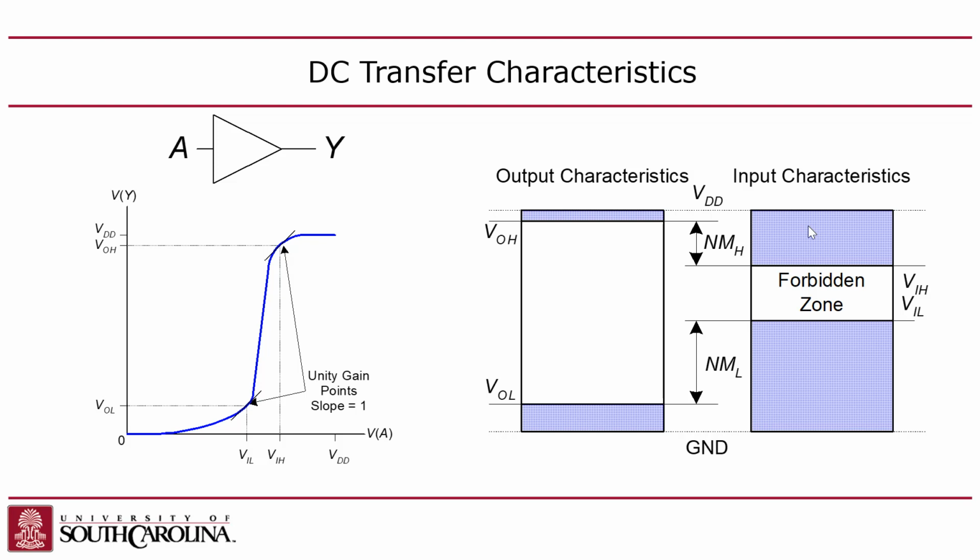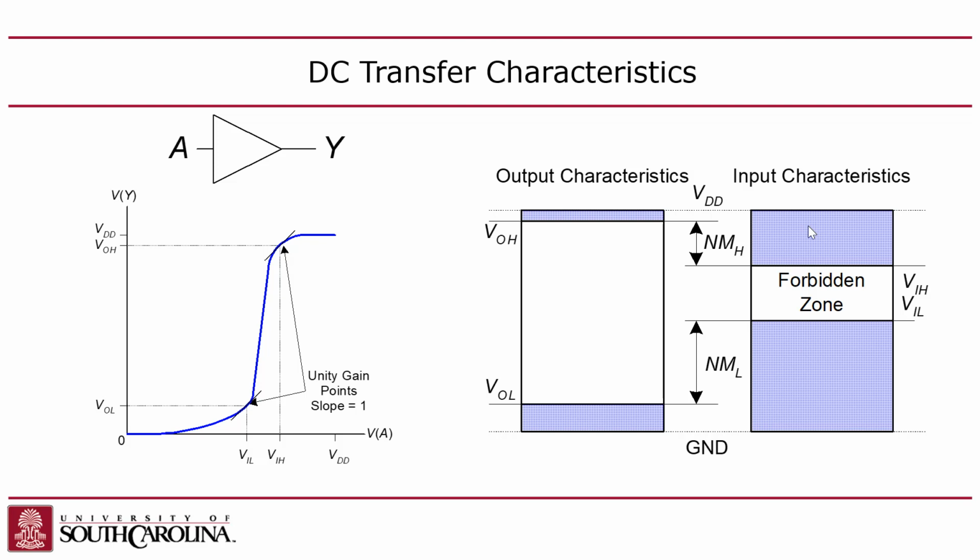So this shows basically the VOL. If you show this from the bottom as 0 volts and the top as VDD, the supply voltage, VOL is like a small sliver at the bottom, right? So that means the gate output will be in this range for logic low, and for logic high, it'll be in that range, right?